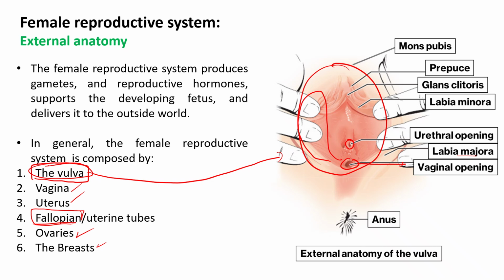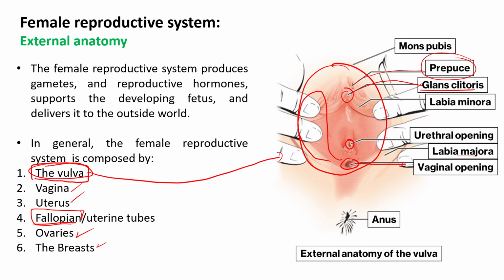In the most superior area, we have the clitoris, also known as the glans clitoris, with the prepuce. This is very similar to the male, it's the equivalent. The glans clitoris is the equivalent to the glans penis in a male, right? And also notice that the anus is, of course, not part of the vulva.